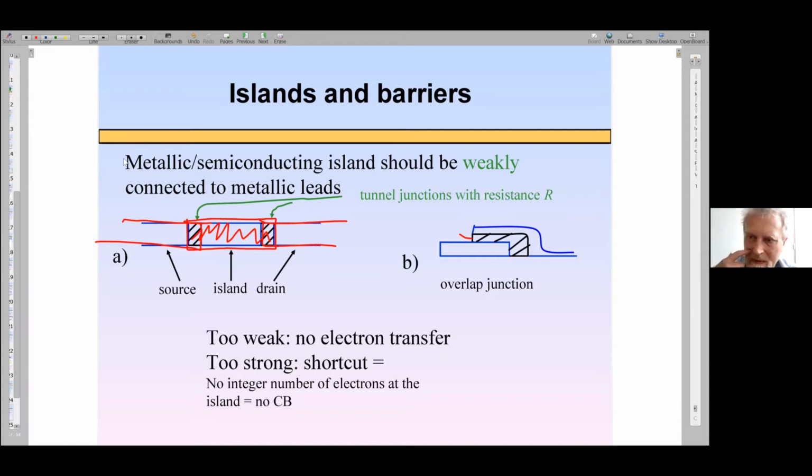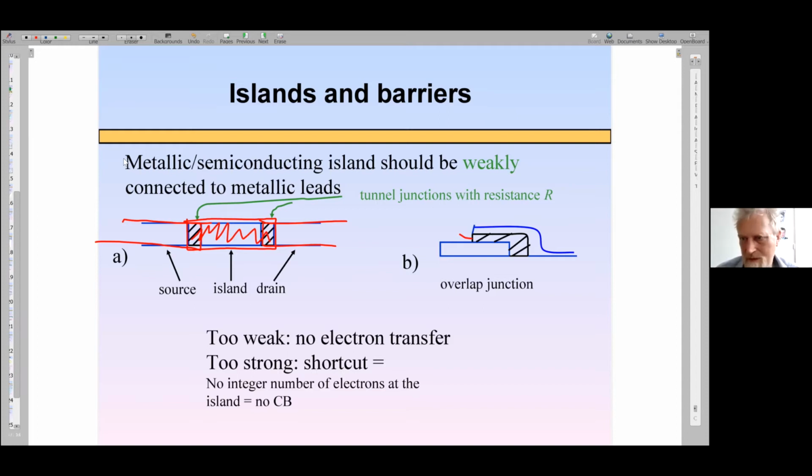Okay, one can wonder how thick it should be. How good is the isolation? It is simple to envisage two limits. Well, if the barrier is too strong, then electron transfers would happen once per week.